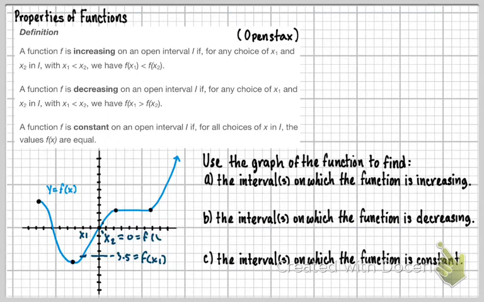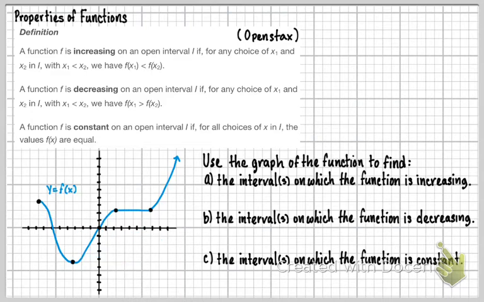So that's the idea of this increasing. I'm going to look at an x value on the left and an x value on the right, and taking those two values, I'm going to plug those into the function and see what's going on with those y values. And if f of x1 is smaller than f of x2, then I can say it's increasing. Okay, now let's take a look at decreasing.